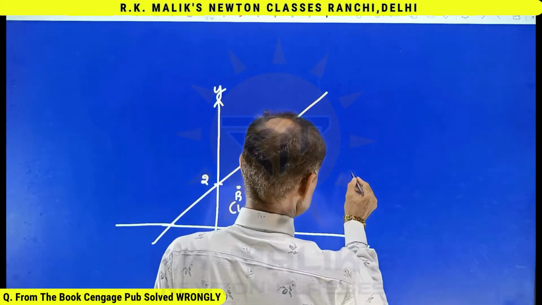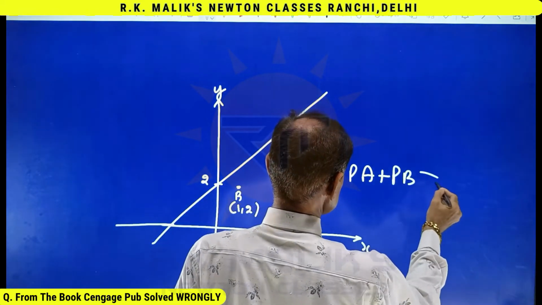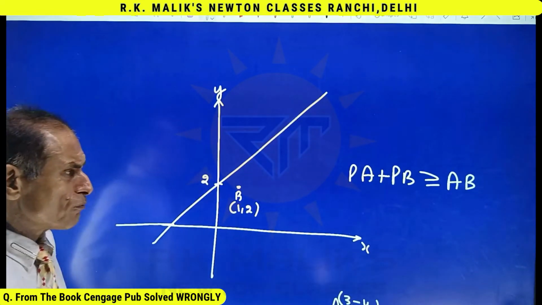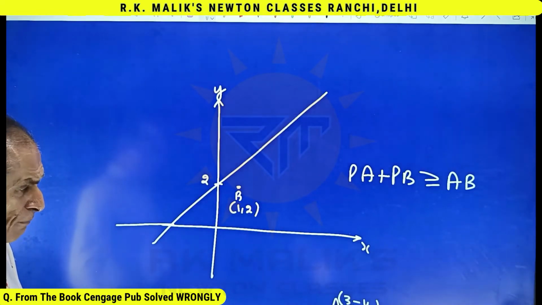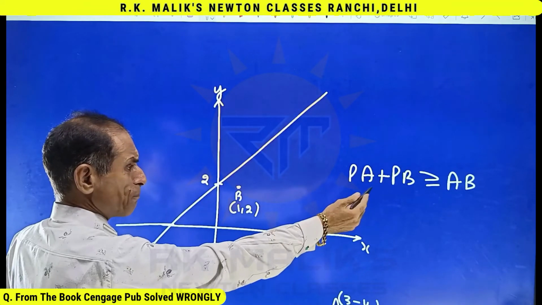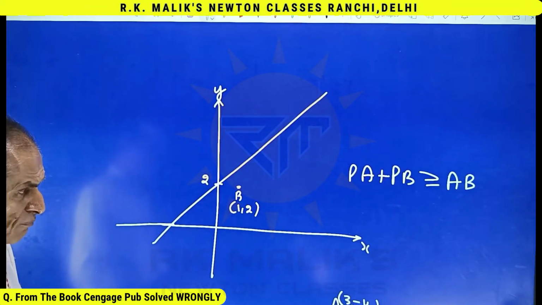Previously I told that PA + PB is greater than or equal to AB. That is, the least value of PA + PB is AB. But you can see very easily that wherever P moves on this line, PA + PB will never be equal to AB.